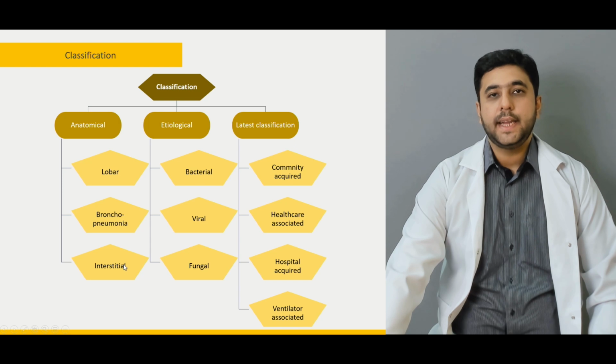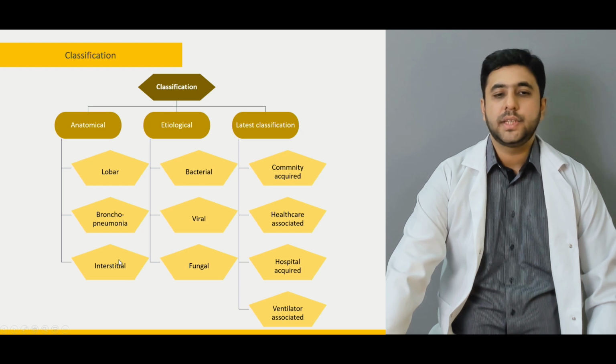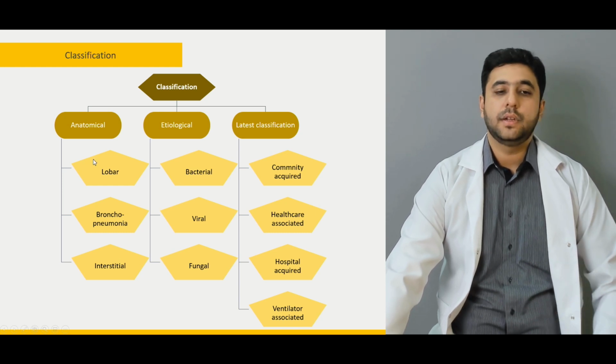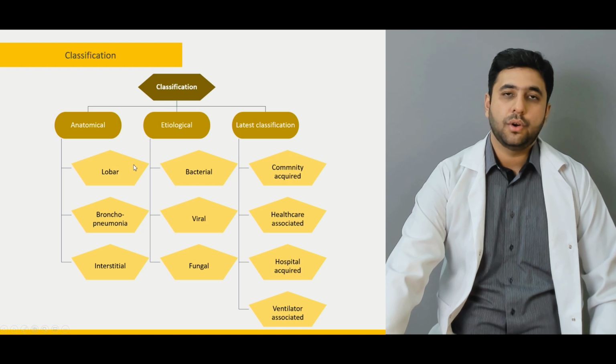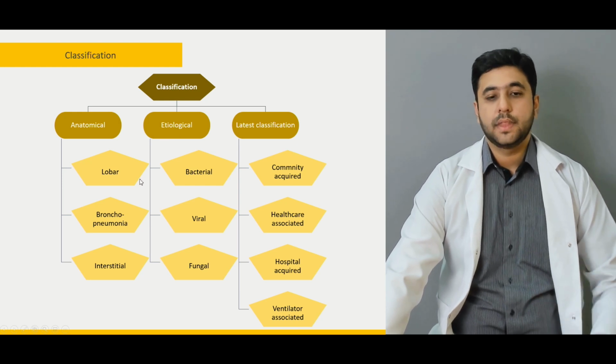It is also called atypical pneumonia for a few reasons, as the organisms which lead to atypical or interstitial pneumonia are generally different from the normal microorganisms which infect in lobar and bronchopneumonia. Another way to classify pneumonia is the etiological way, the cause of the pneumonia.